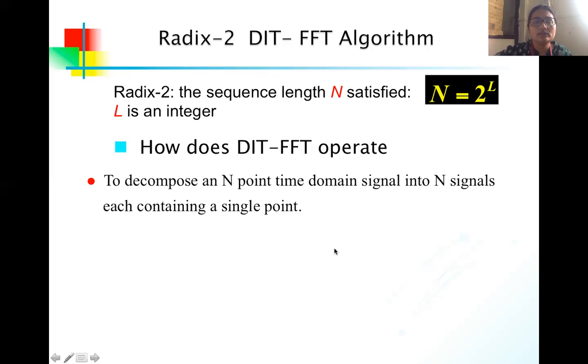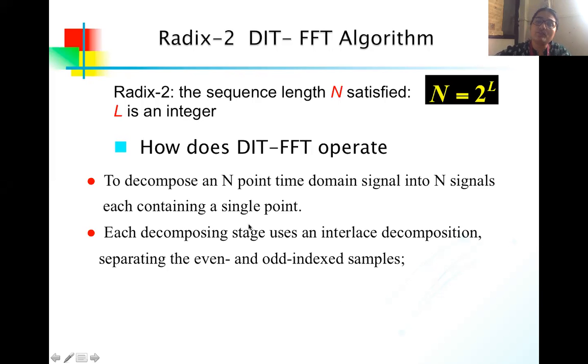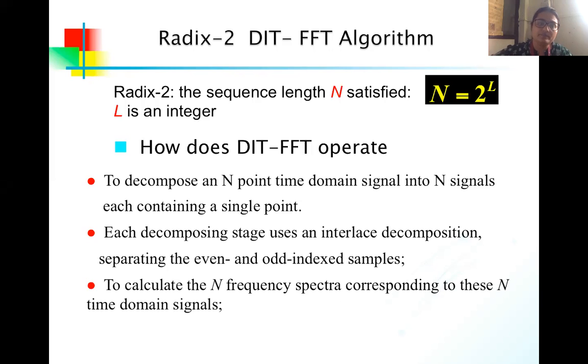The next is, each decomposing stage uses interlaced decomposition, meaning at each stage of decomposition it divides the entire sequence into an even point sequence and an odd point sequence.